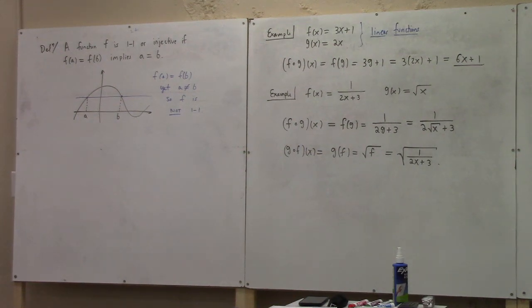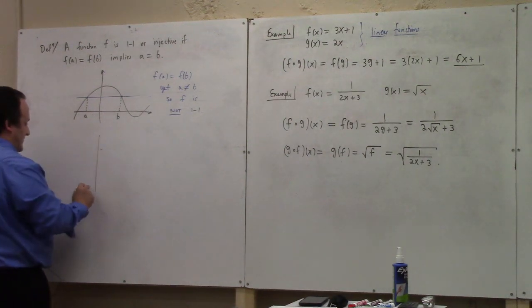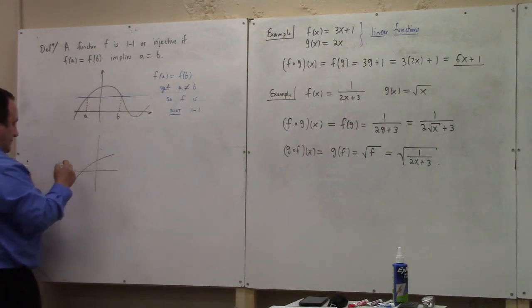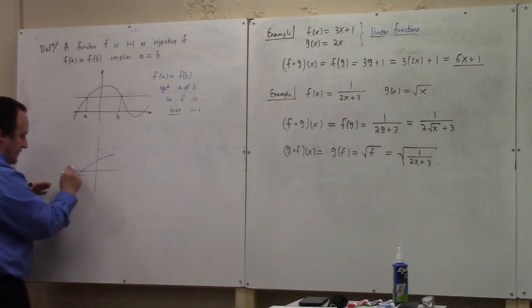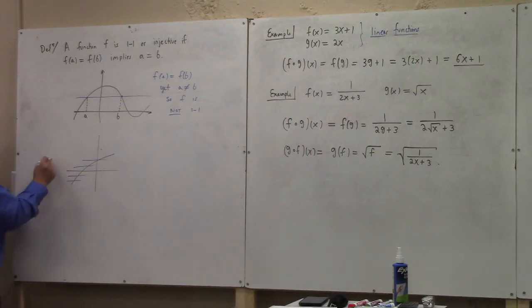So a way to check if a function's 1 to 1 is to check that each horizontal line you can draw through the graph passes through just one point in the graph. So like a different example, if you had something that was just like this, then this graph passes the horizontal line test, because if you think about horizontal lines through it, each horizontal line cuts through the graph just once.